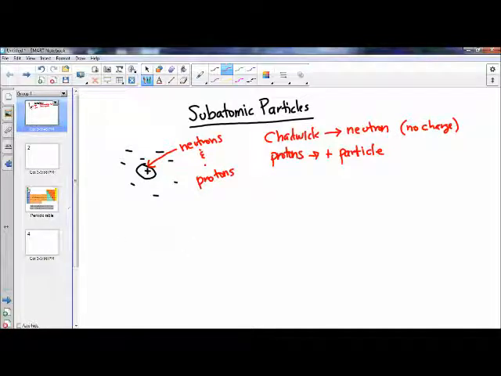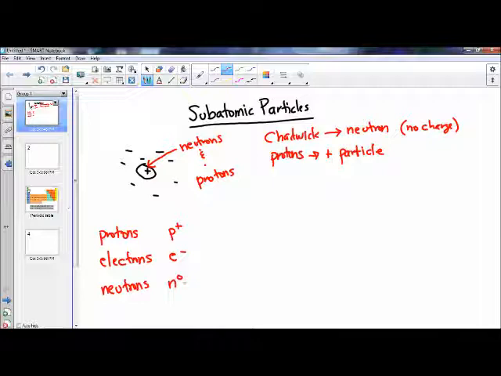So our three subatomic particles are protons, electrons, and neutrons. Okay, the symbol for proton is P+, the symbol for electron is E-, and the symbol for neutron is N0.